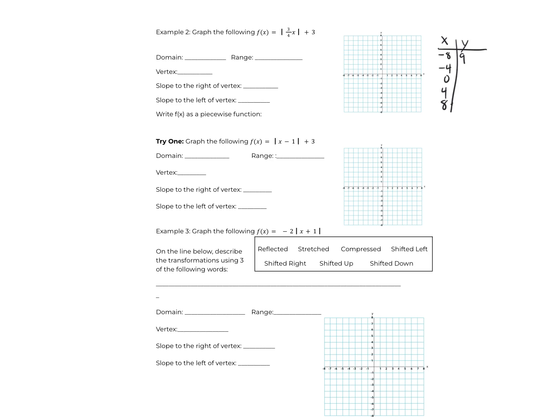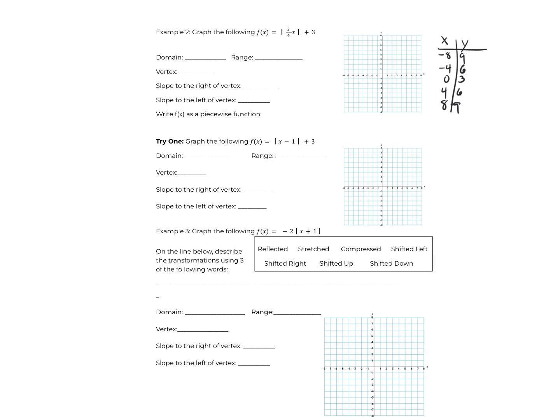The absolute value of -3 is 3, and 3 plus 3 is 6. 3/4 of 0 is 0. 0 plus 3 is 3. 3/4 of 4 is 3, and 3 plus 3 is 6. And 3/4 of 8 is 6, and 6 plus 3 is 9.